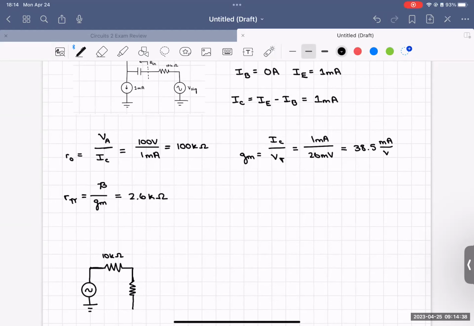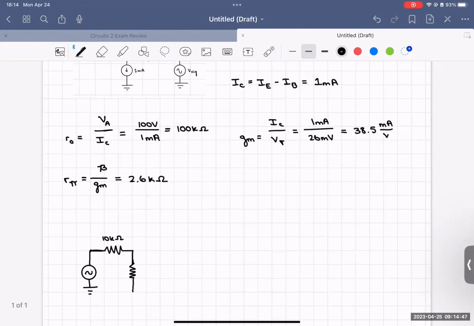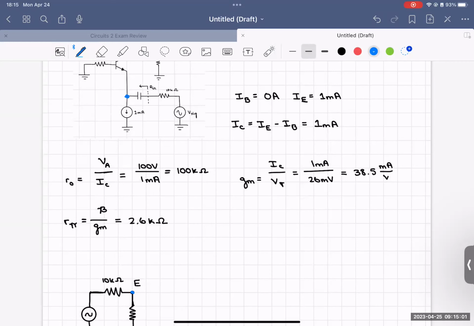This is tied to ground. There we got that 1 milliamp, and then we have our base. So what we're going to do here is branch this off, and we're going to say this is where the emitter end is. Let's put it in blue. So let's say blue there, emitter, that'll correspond to right here.